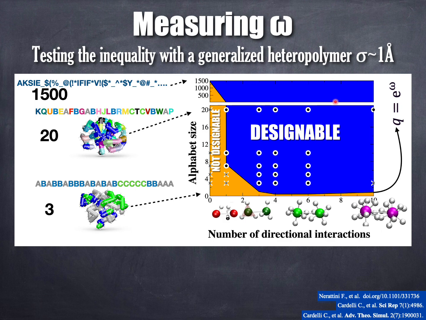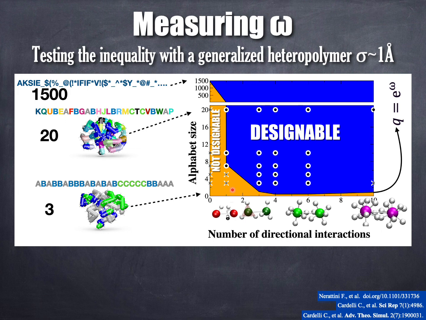Below this black line, we have the orange region that is non-designable. So in other words, you cannot find a sequence that will fold univocally in your target configuration. And the system, if you lower the temperature, will just get trapped in a random glassy state.